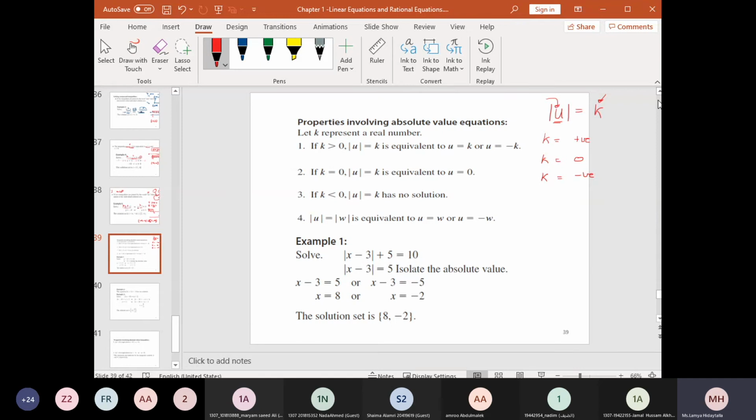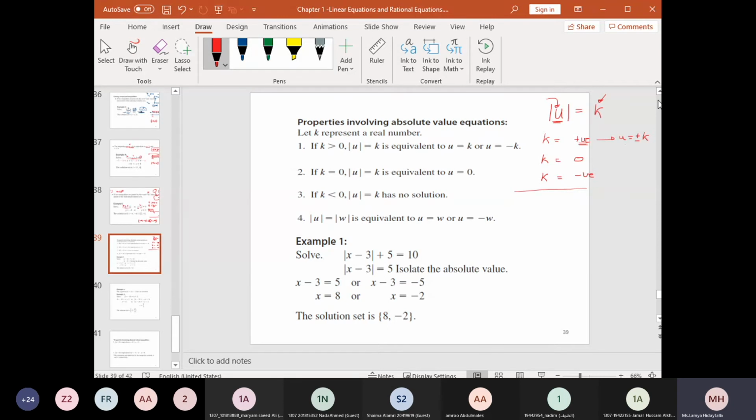If k is positive, I can get u, and we say that u is equal to plus or minus k. We know the modulus: if this is negative it becomes positive, and if it is positive it becomes negative. So u is plus or minus k.